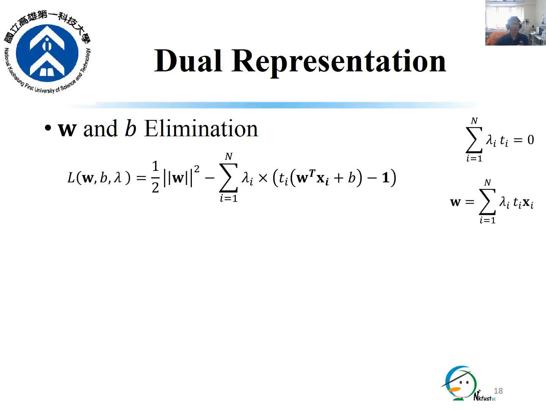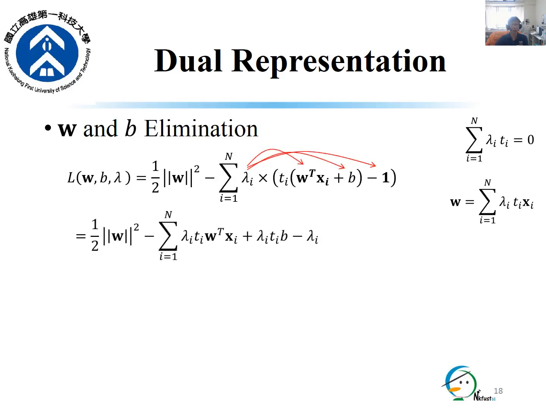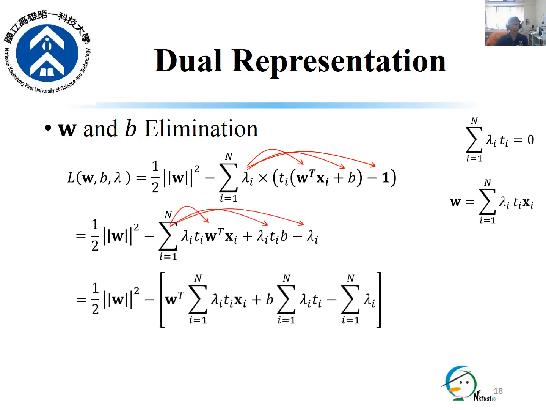Having these two equations in hand, we then substitute them into Lagrangian function L for variable elimination. Firstly, we multiply lambda I into each term in the right equation. Then we expand the summation operator and move the constant terms in front of it.